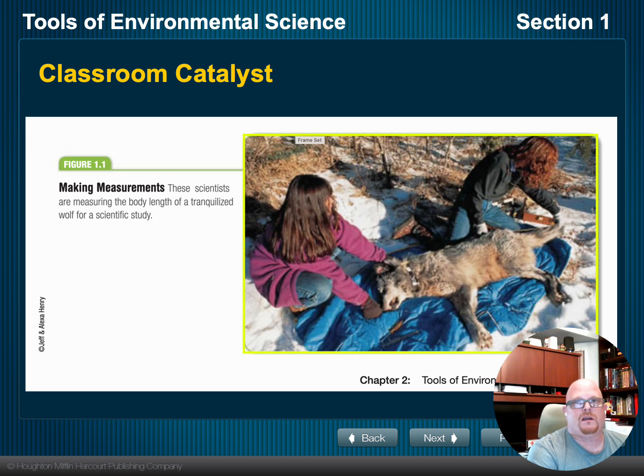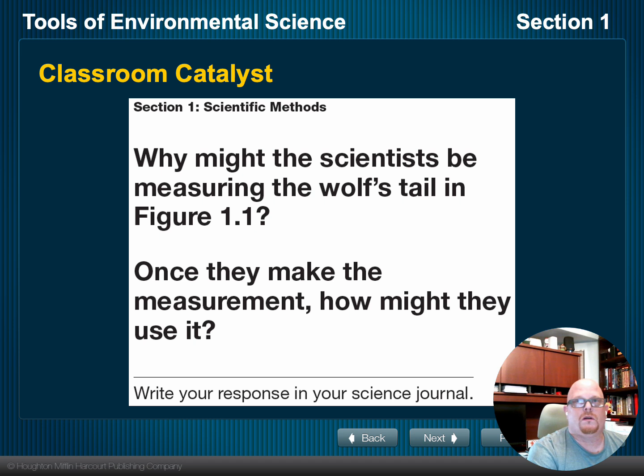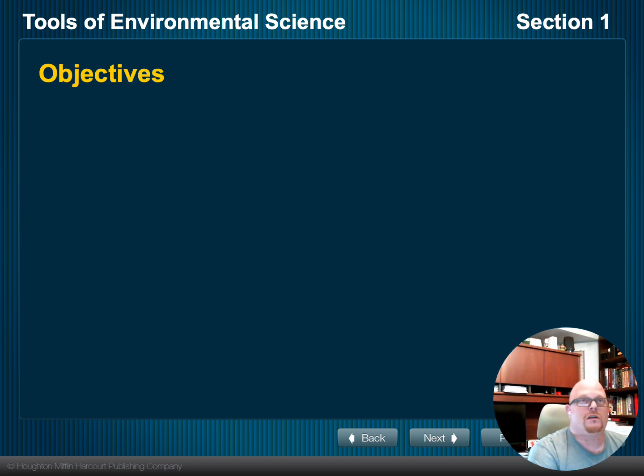They do this because it's a way of collecting data, tracking migration patterns, and tracking growth patterns, tracking all kinds of different things, pretty much trying to understand the day in the life of a wolf for a myriad of reasons. So why might they be measuring the tail? Because the tail is a symbol of growth on a wolf, and that's how they use that information.